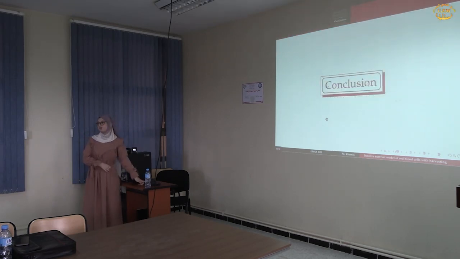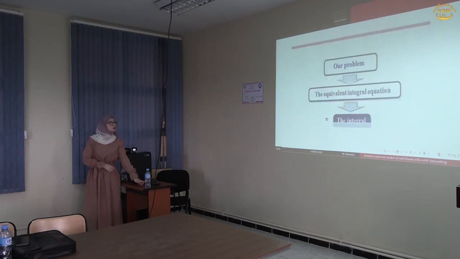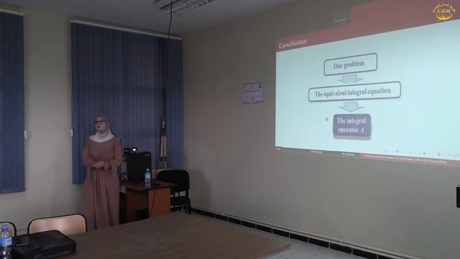In conclusion, let me briefly recap the main steps followed in establishing our main findings. As I said at the beginning, our key task in this work is to prove the existence, uniqueness, and continuous dependence on parameters of the positive periodic solution for our model by using an efficient technique that combines Schauder's fixed point theorem and the Green's functions method, where the main idea consists in converting our problem into an equivalent integral equation where the kernel is Green's function.